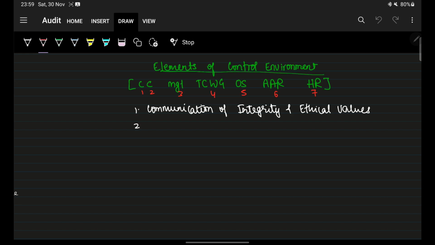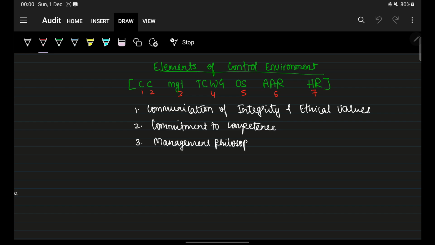The second C was for commitment to competence. Okay. Next. Third, what had we seen with regard to management? We had seen management philosophy. Okay. So in this we had seen 2 subpoints, right?